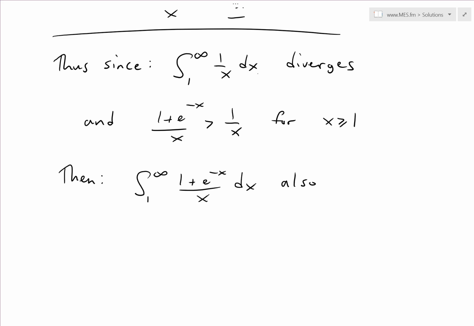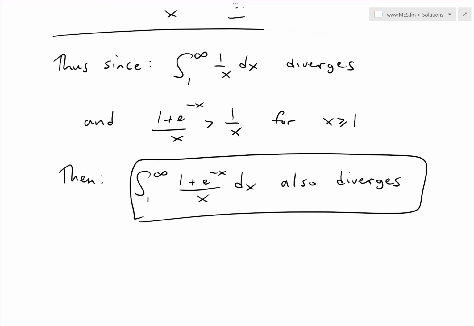So we're basically saying this diverges, and this function here is always greater than it, then it also has to diverge as well. It also goes to infinity. So that is our answer.